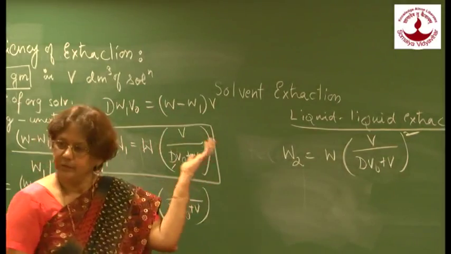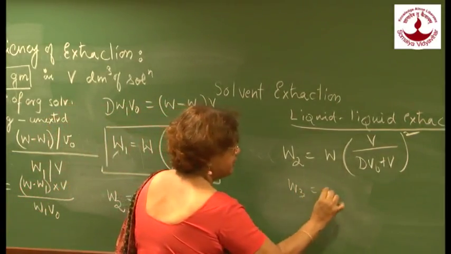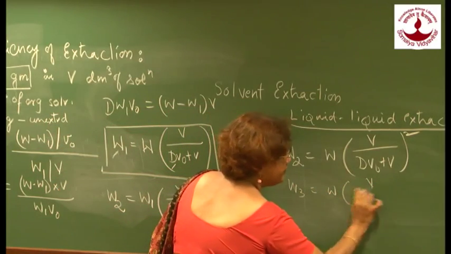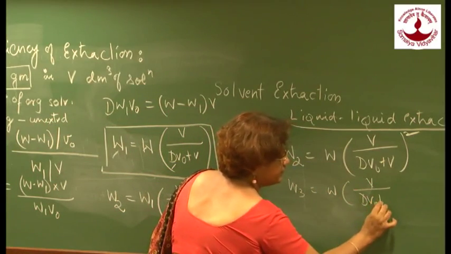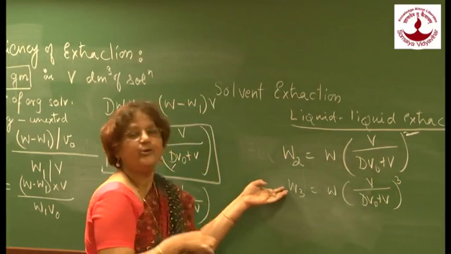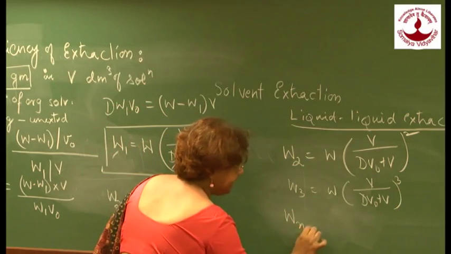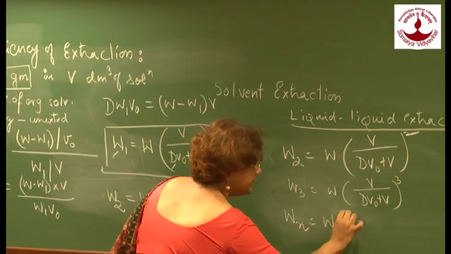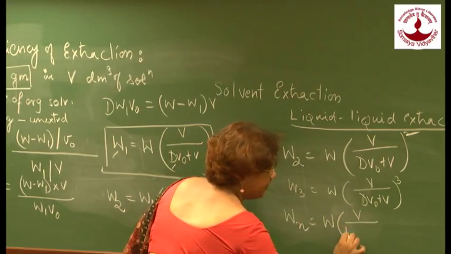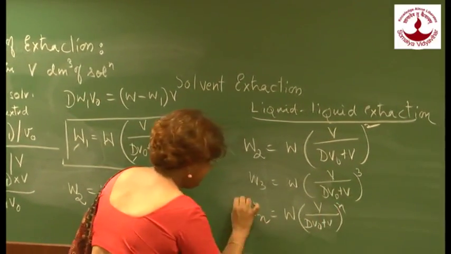You do it for the third time, you get W3 is equal to W times V upon D VO plus V, raised to 3. You do it n number of times. What do you arrive at? Wn is equal to W times V upon D VO plus V, raised to n.